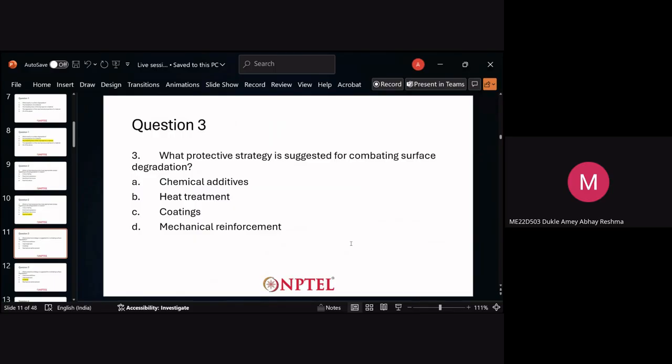Chemical additives, such as alloying, is done into the complete metal, not just on the surface. Similarly, heat treatment is done over the entire microstructure, not just the surface. Coatings, however, are done only at the surface level. So the answer here is coatings.